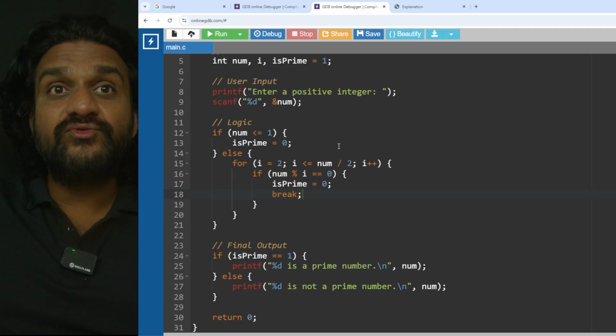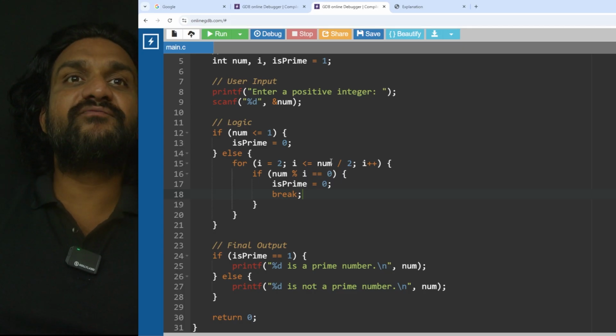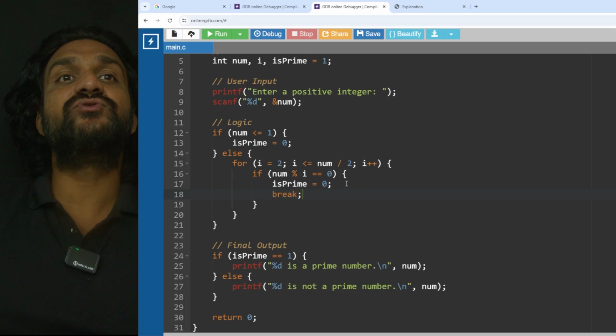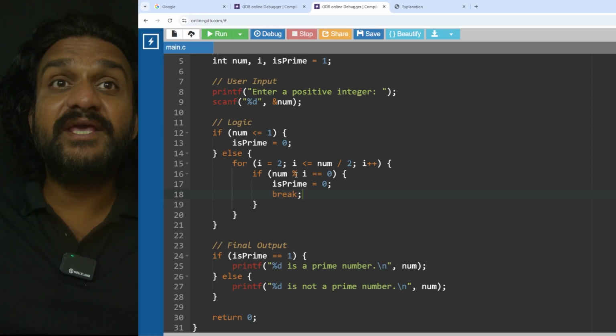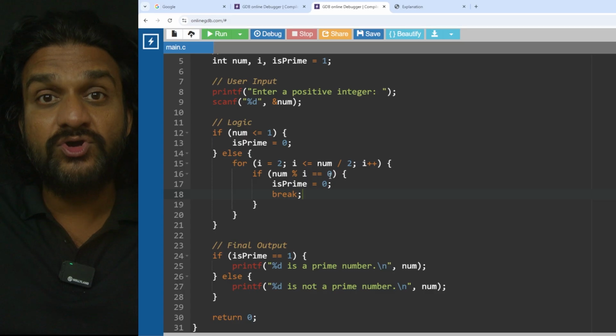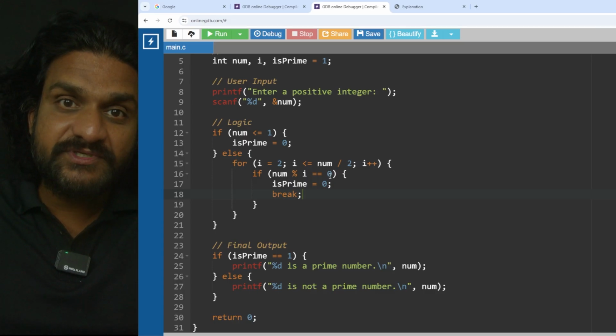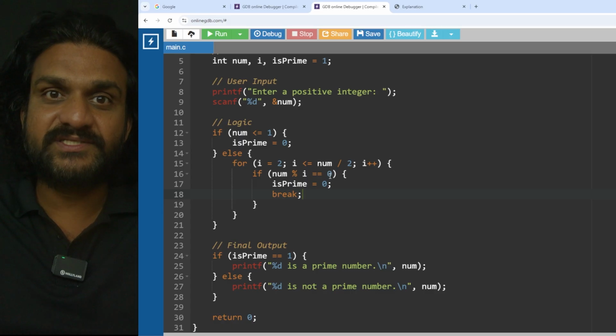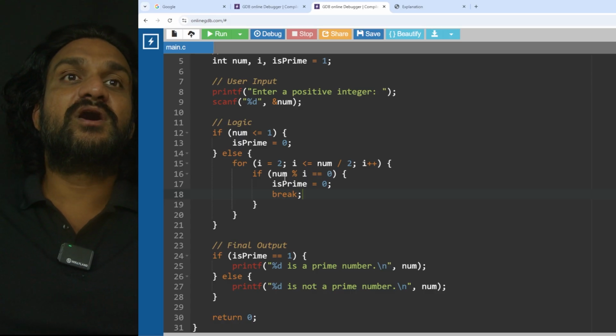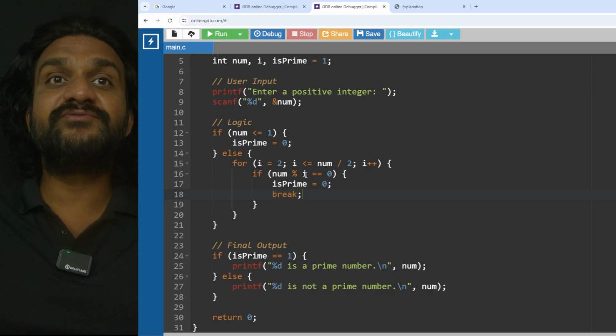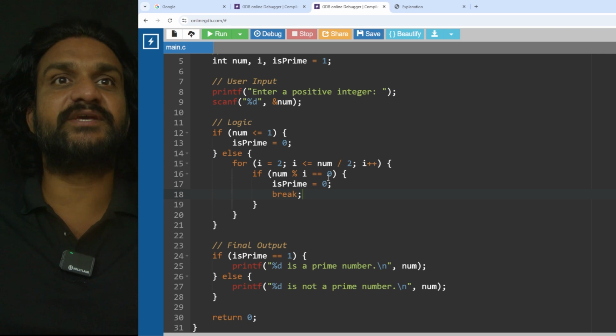Every time we come into the loop, if the given number modulus i produces a remainder of 0, it means that number is divisible by that counter i. For example, 6 modulus 2: is it equal to 0? Yes, it is.